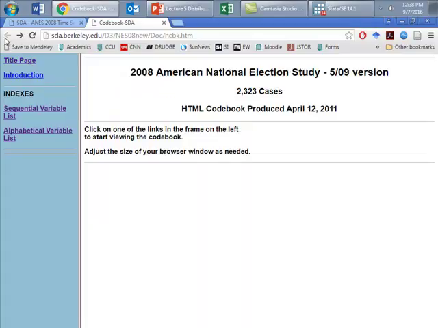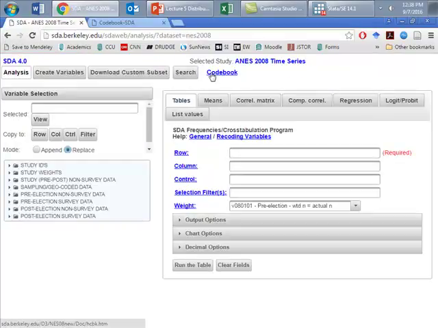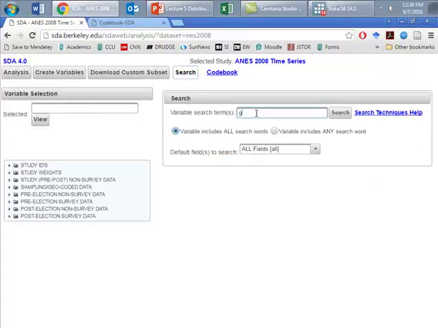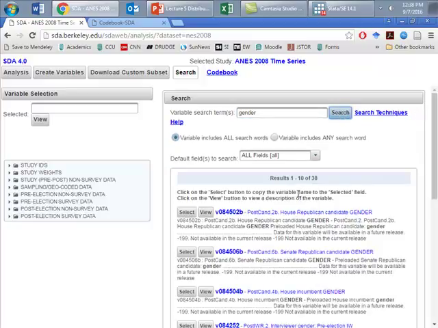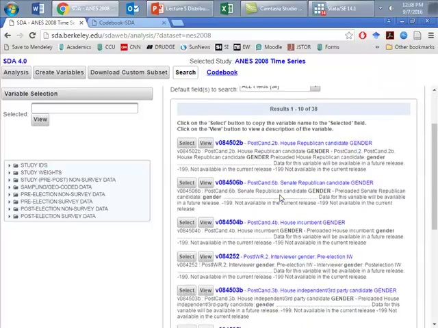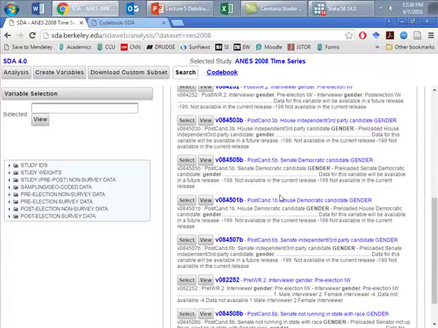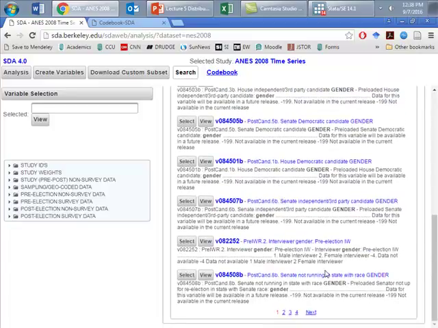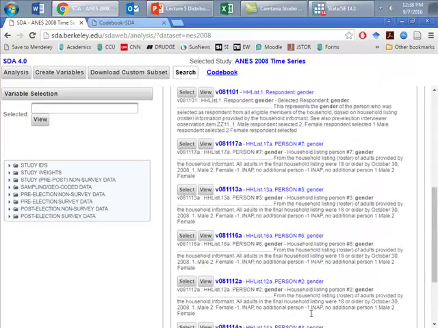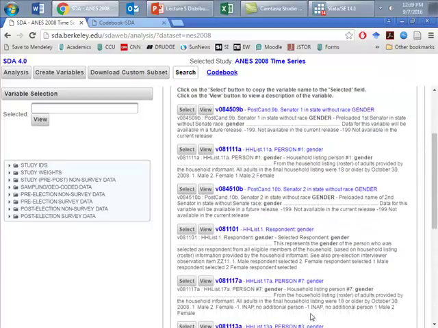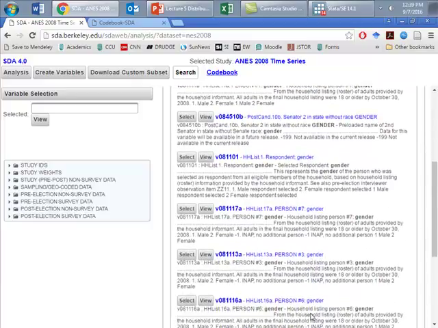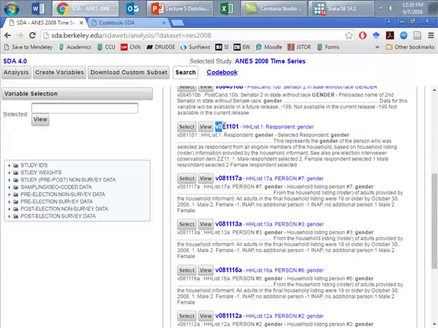Maybe I should have gotten my act together and done this before class. Maybe, maybe not. Here we go. 38. Okay, hurry up. Interviewer gender. Don't want that. I want respondent's gender. Come on. Let's try household gender. Let's try this V08101. Let's copy that.